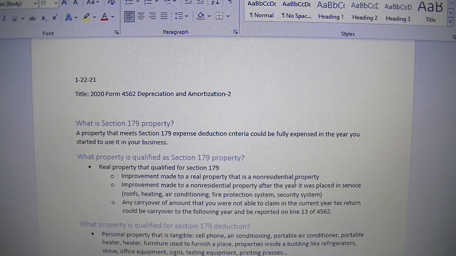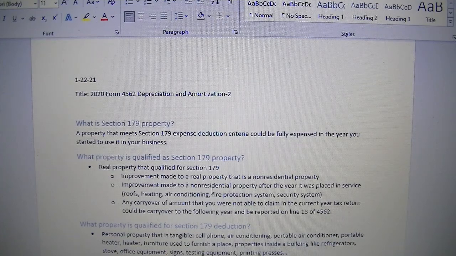A non-residential property will include stores or office building. For instance, another property that qualifies for Section 179 will be improvement made to a non-residential property after the year it was placed in service.